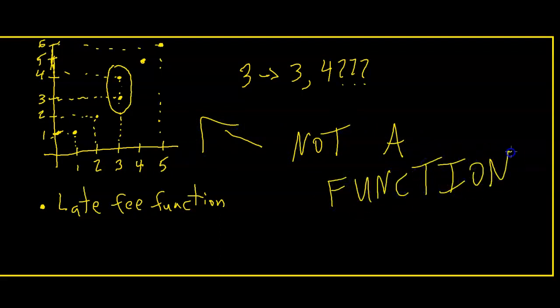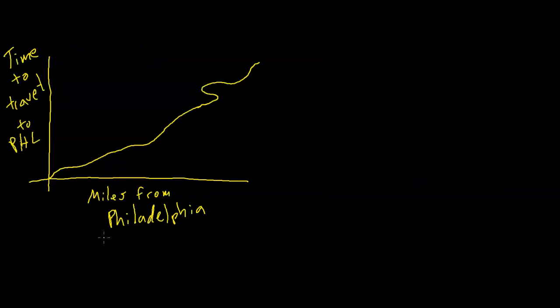And we can recognize that visually very easily, or we can recognize it by looking at ordered pairs. Say we were given this graph also, and this graph purports to be or claims to be a function that describes the relationship, again, between the miles someone is from Philadelphia and the time it would take them to travel to Philadelphia.